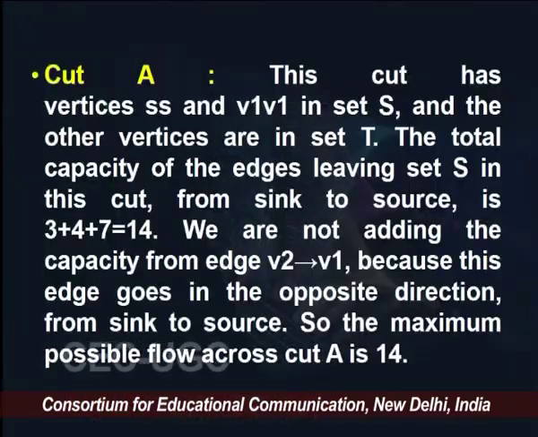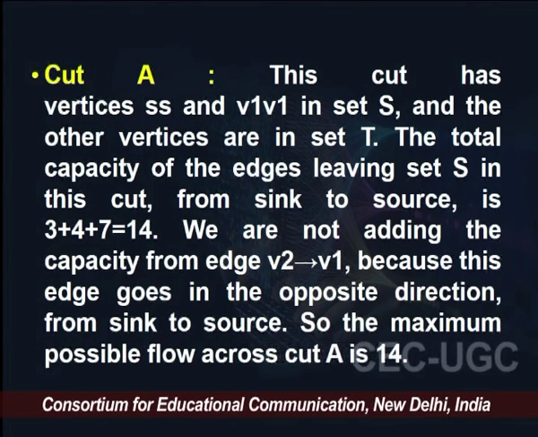So, here in this figure, as we have seen, if we talk about the cut A, as I have told you, it is having S and V1 in the set S and all others in the T. Now, if we talk about the capacities, the total capacities of the edges leaving set S in this cut is 3 plus 4 plus 7, which is equal to 14, and here we have not added V2 to V1, because this edge goes in the opposite direction, which is from sink to source.